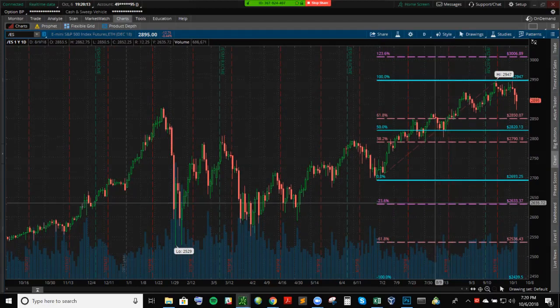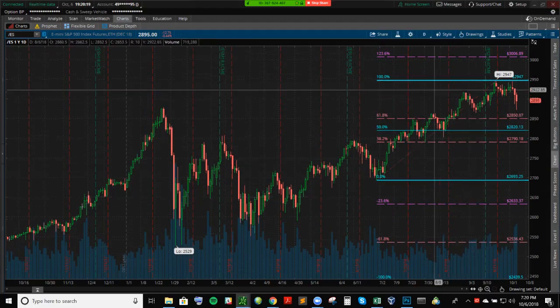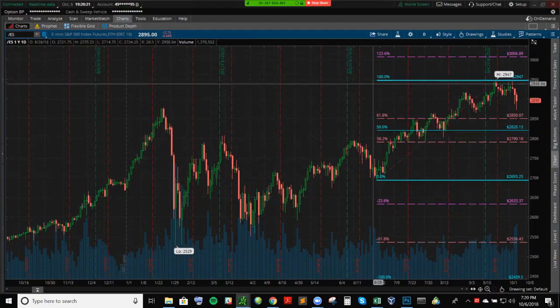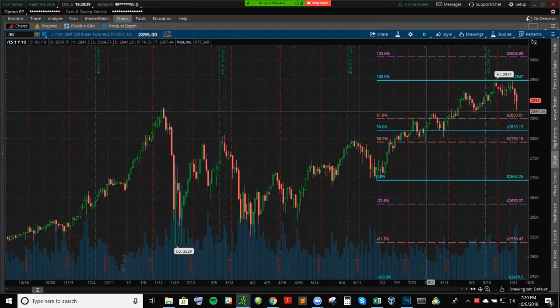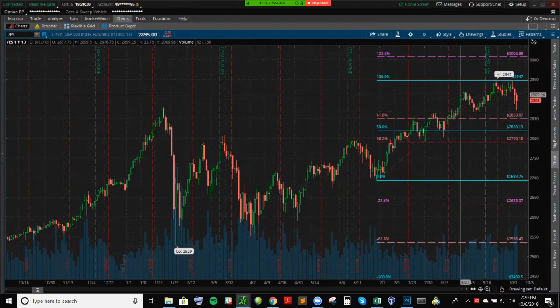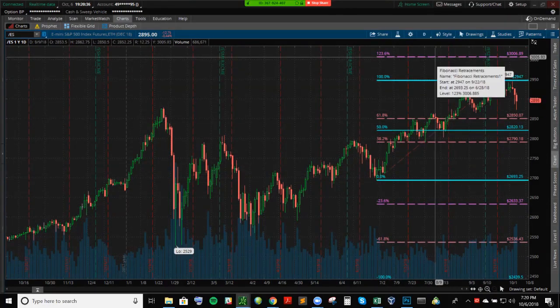The 23.6% fib is usually a first target for me. If I'm in a trade, obviously I'm not going to hold a trade on a daily time frame that long, trading the futures. But in the future, these price levels based on this move right here could potentially be hit as a target.